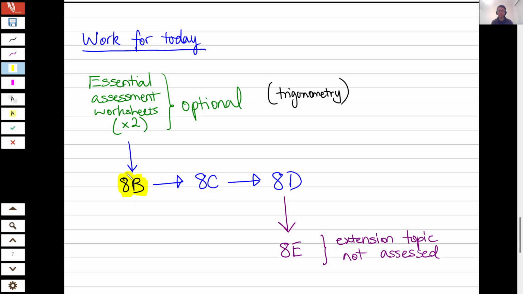Hopefully you got some of that done during period 3. And then do 8C, because 8C is easier than 8D. And for those of you who have finished 8D, you are welcome to start an extension topic, which is on the sine rule and area formula. That's not going to be on the test, but if you're heading into methods, the area formula is assumed knowledge in the Year 12 course.